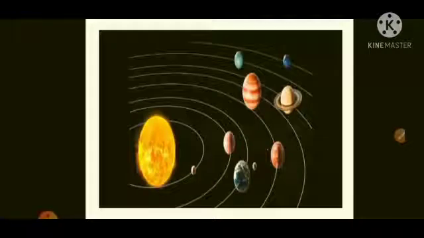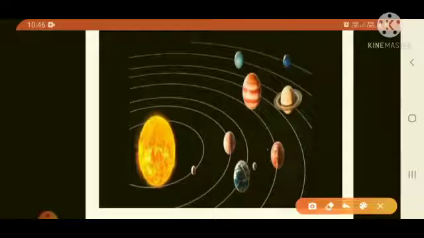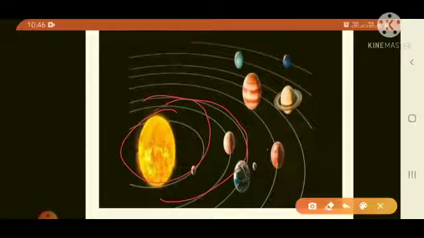The orbits are circular paths with the sun at their center. Look at the picture. See here, children, the circular lines are called orbits. The orbits of different planets do not cross each other.